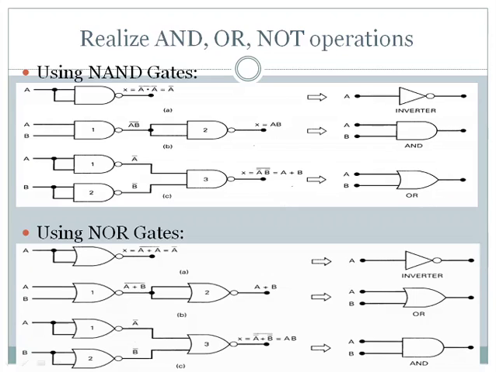So when the two inputs of a NAND gate are the same, the NAND gate performs the NOT operation or complementary operation, and I can say that it is equivalent to an inverter or NOT gate. So this is how we can use a NAND gate to perform the NOT operation.